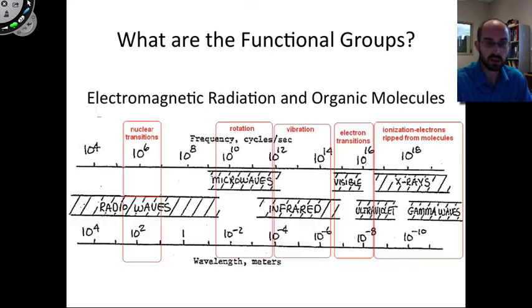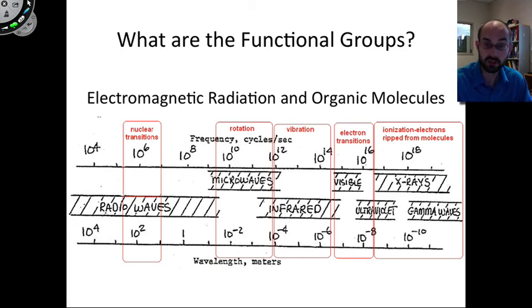So we chemists like to hit organic molecules with all sorts of different types of electromagnetic radiation. I won't talk about this whole slide today. Today, though, what we're going to talk about this week is the interaction of organic molecules with infrared light. And that causes them to vibrate.